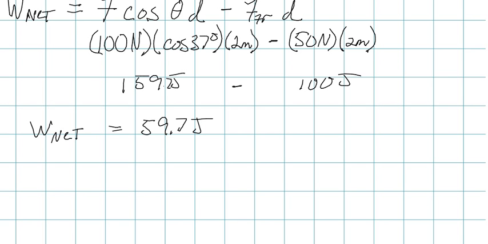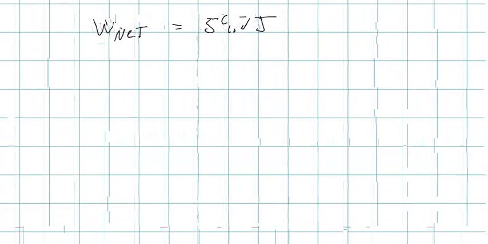Alright, so you just watched me do one, and that's the first assignment. The next assignment is going to be for you to do virtually the same problem. Now, in this problem, the only difference is that we're going to push the box at 20 degrees to the horizon.